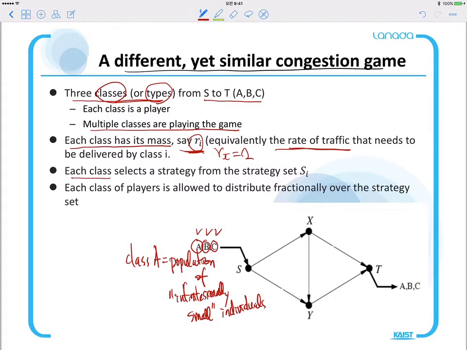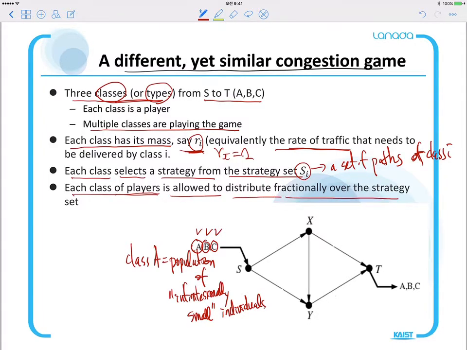Now each class selects a strategy from the strategy set S_I. Here S_I is what? A set of paths, right? Of class I. Now each class of the players, where each class is a player, is allowed to distribute fractionally over the strategy sets.